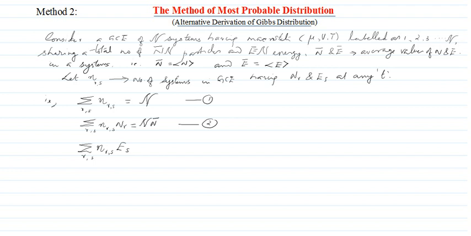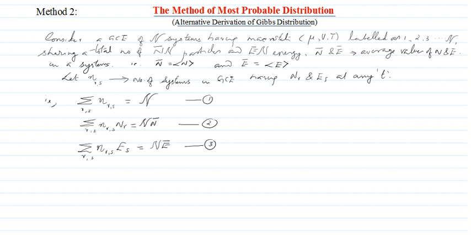You multiply the number of systems with the energy E_s, so sum of n_rs E_s will be equal to script letter N, the total number of systems in the ensemble, into, of course, the average value of energy, E bar. So these are the 3 constraint equations that are satisfied by the systems in a grand canonical ensemble.